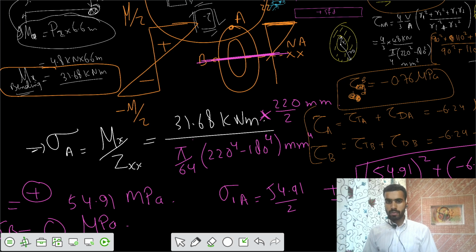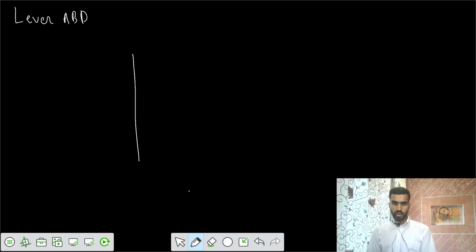So let's take the final problem from this combined stresses. So the final problem is that we have a lever ABD. It looks like an L section, some sort of L section.